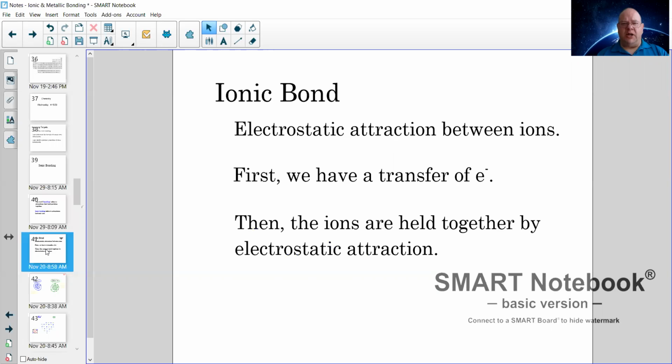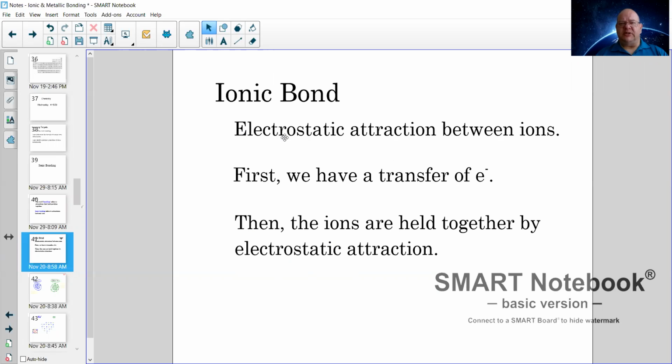If you really want a specific definition for ionic bond, it has to be the electrostatic attraction between ions. I'm throwing around some big words here. You are familiar with electrostatics in some sense.